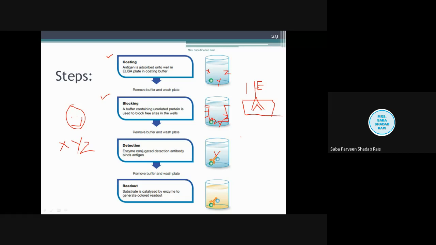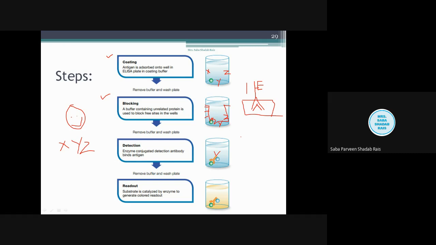they will wash off. Now here, if the patient is positive, only then will antigen antibody complexes form. If the patient is negative, then all the antibodies will be washed off. Are you following? Suppose the patient has antigen X, then only anti-X antibody can bind. Is it or not?